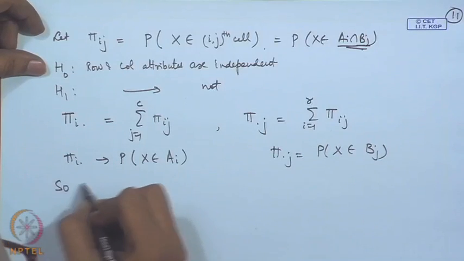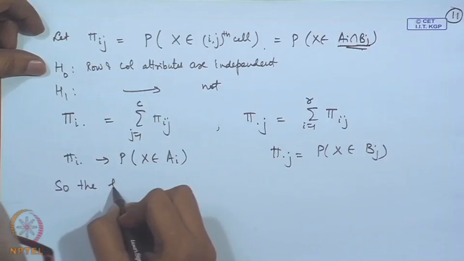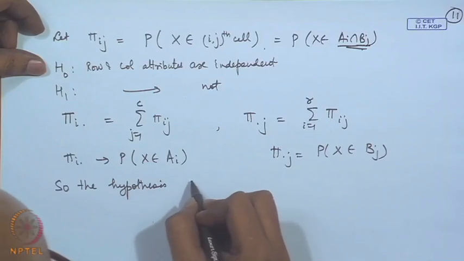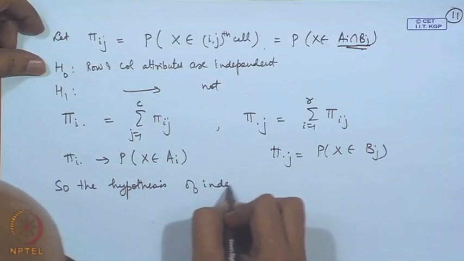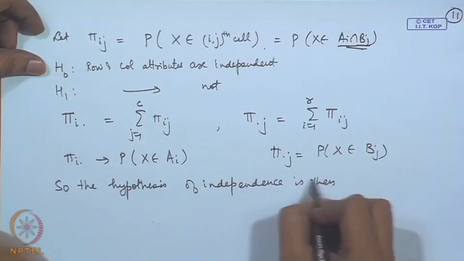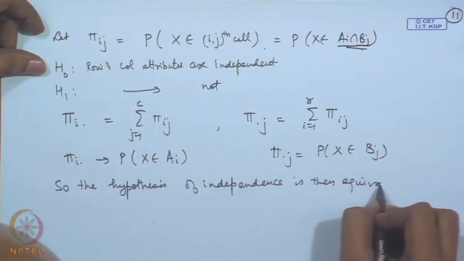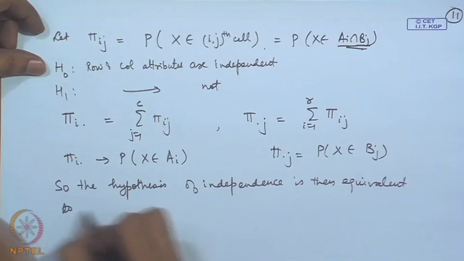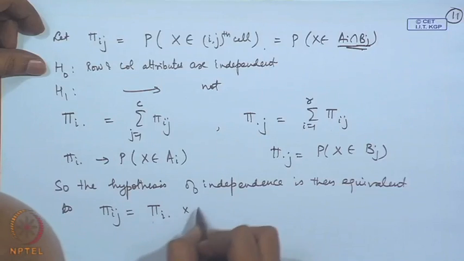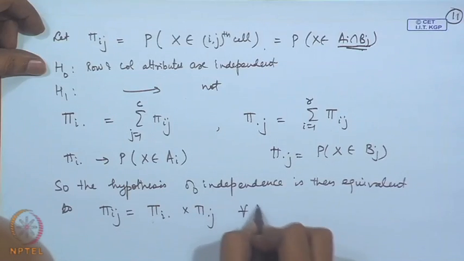So, the hypothesis of independence is then equivalent to pi I j equal to pi I dot into pi dot j for all I, j.